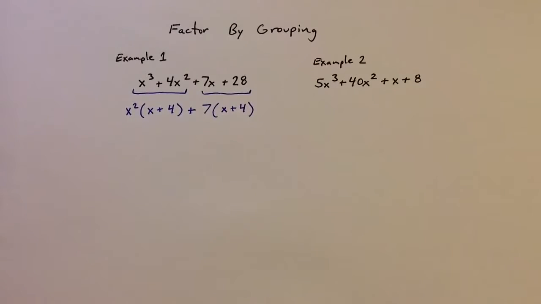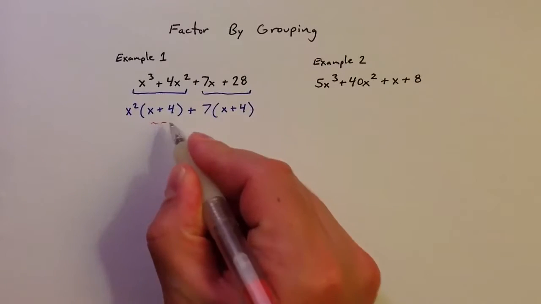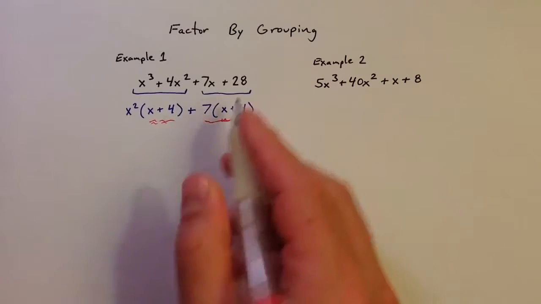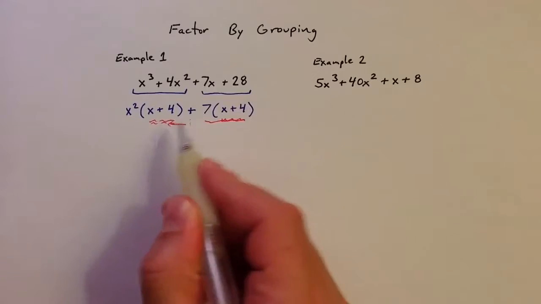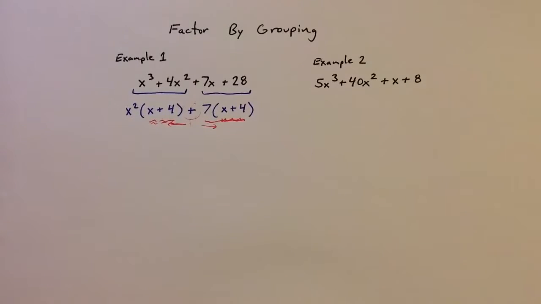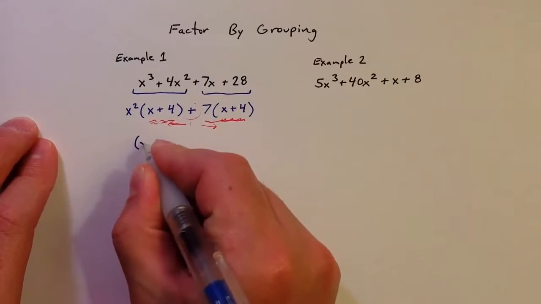What's special about this is that x plus 4 is a common factor of both what happens in front of the big central plus sign and what happens after it. So x plus 4 is a common factor, and I can factor that out.